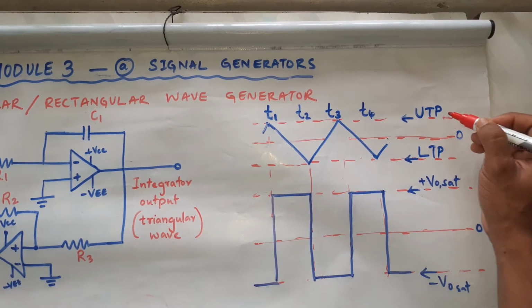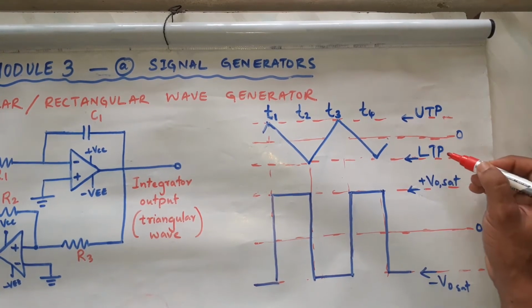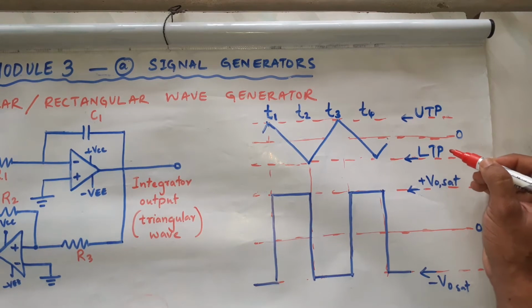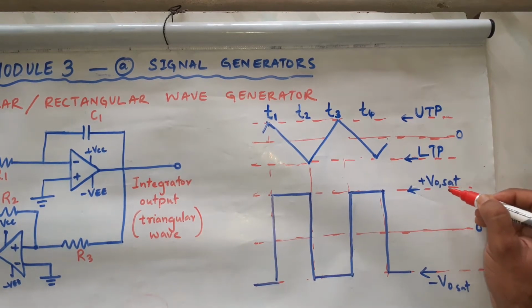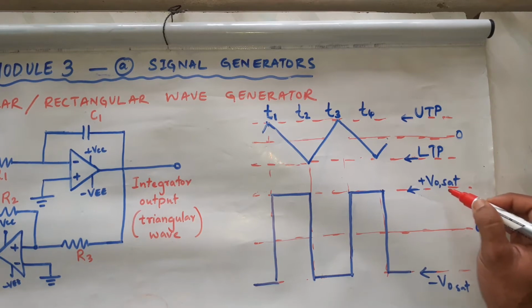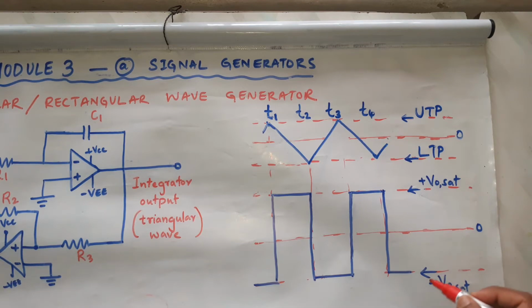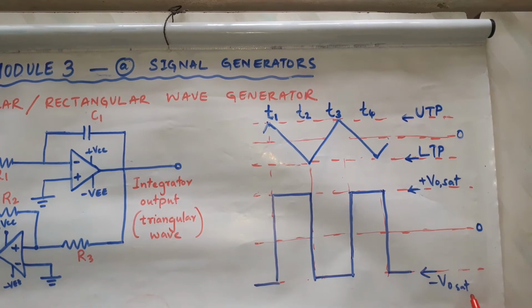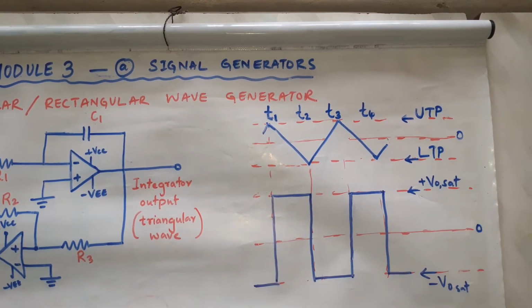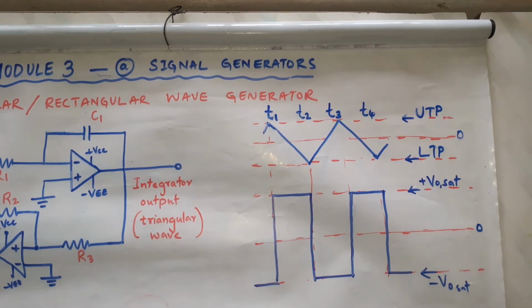The new terms you can see here are UTP and LTP. UTP means upper threshold potential, LTP means lower threshold potential. Then V0 SAT, which we call the output saturation voltage, and this is minus V0 SAT, which is the negative saturation voltage. The concept of V0 SAT was already explained to you in my module 1.